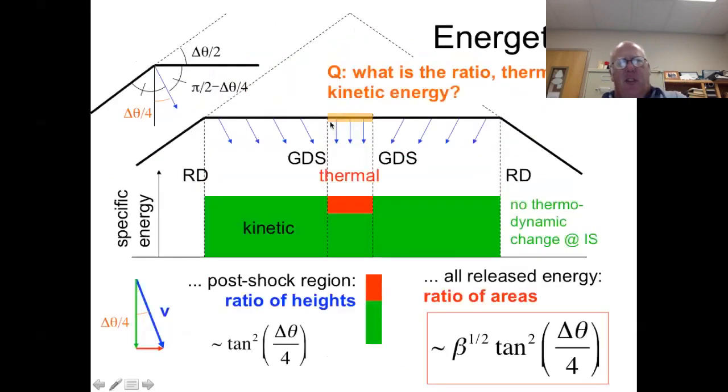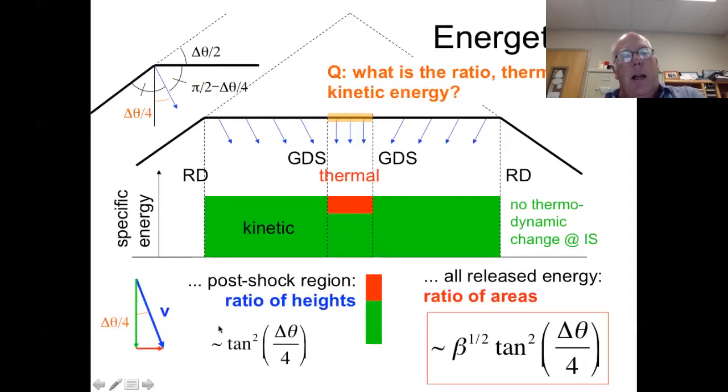So that gives us some handle on how much of that kinetic energy is thermalized. Basically, in another cartoony picture, we have a velocity that's related to the angle of the magnetic field and the magnetic energy density. At the rotational discontinuity, that's purely kinetic energy. There's no heating that has gone on. And then at the shock, there's some amount of thermalization.